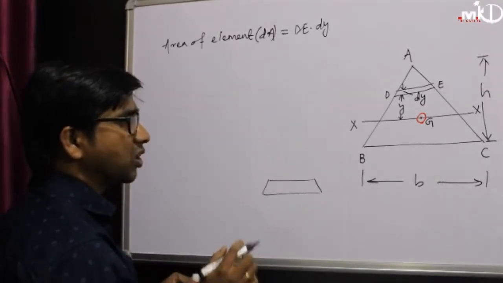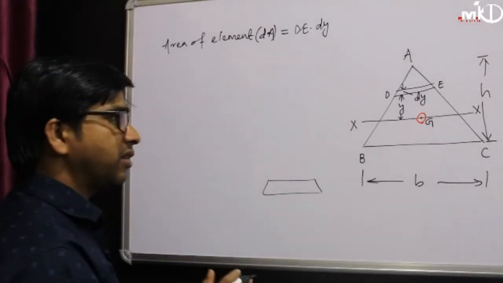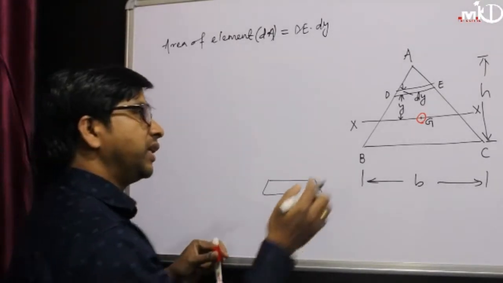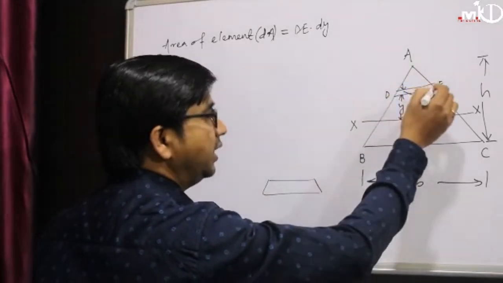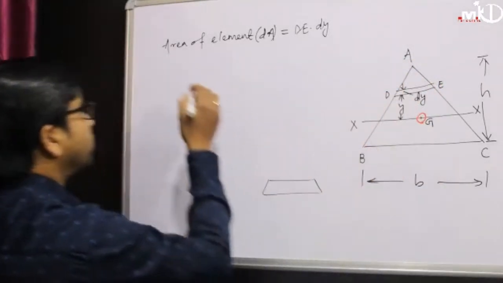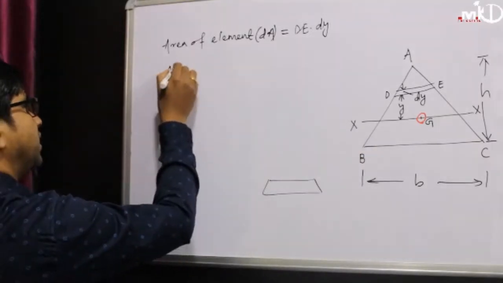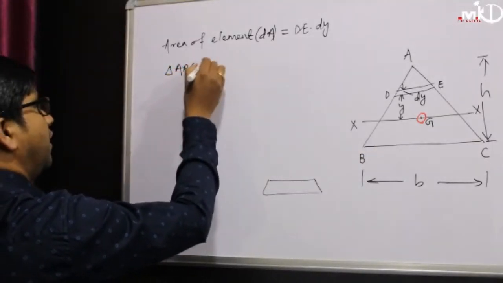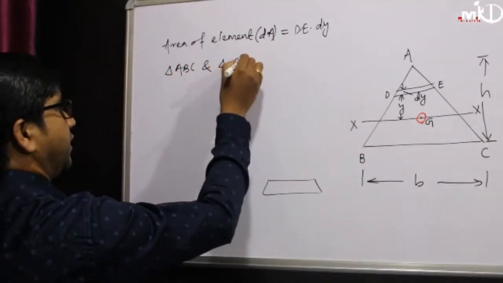Friends, as we already said when locating the CG, triangle ADE is similar to triangle ABC. So here we write again triangle ABC and triangle ADE.